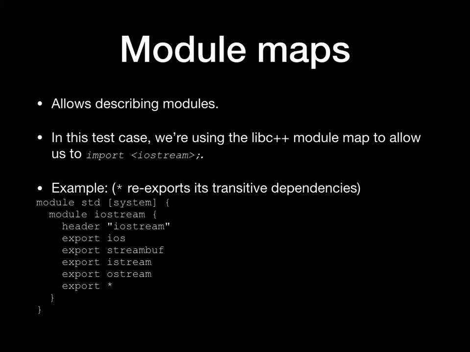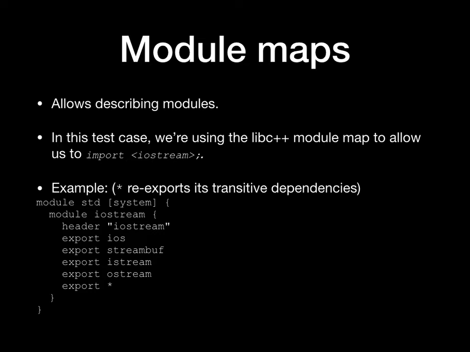Here we see an example module map that's included in Clang's libc++. So we see it declares a module std that has the system attribute, and inside of it there is the module iostream, which uses the header iostream.